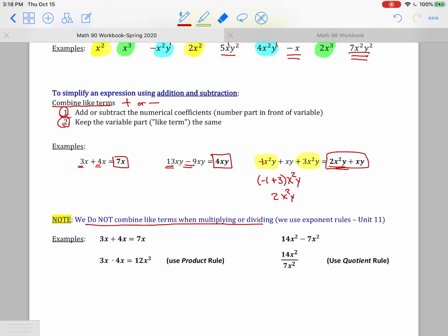Let me go back. For example, let me just take this example here. I'm going to go back. Right here, this 13 is multiplied by the x, it's multiplied by the y, right? This 9 is multiplied by the x, multiplied by the y.